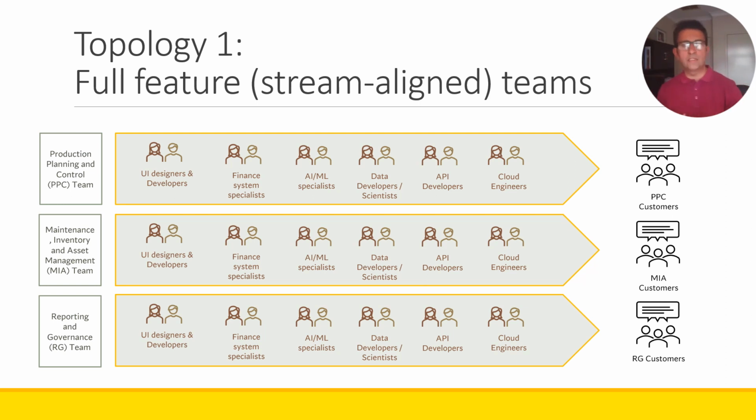There are certain functionalities related to PPC, production planning and control. There are certain functionalities related to maintenance, inventory, and asset management, the MIA team. And there are certain functionalities related to reporting and governance. So the first stream of work, or the first team, would work directly with the PPC customers, and by the same token, MIA customers and RG customers.